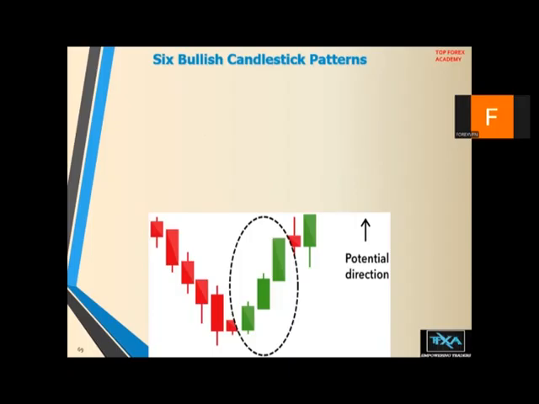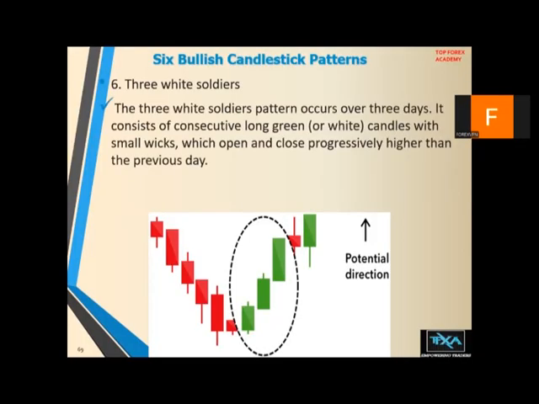The next, but not the least, bullish candlestick pattern is the three white soldiers, also called three green soldiers. Now, this pattern occurs over 3 days.